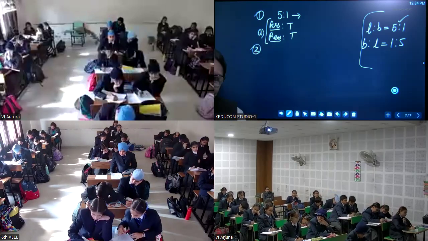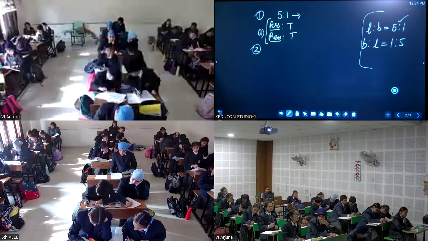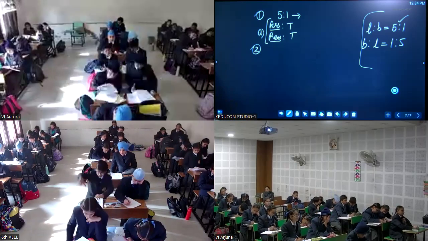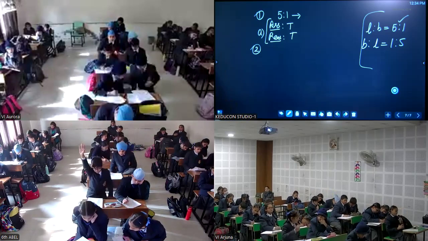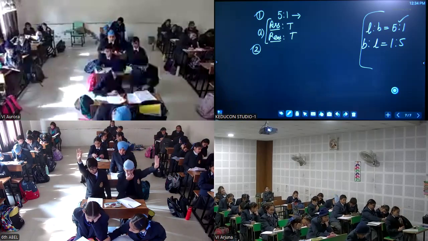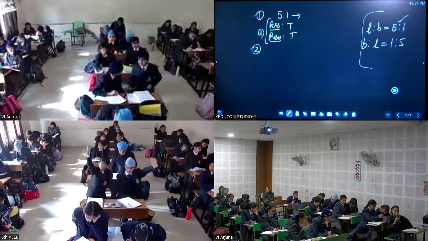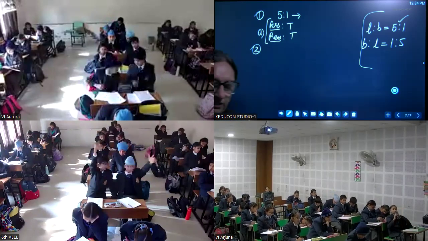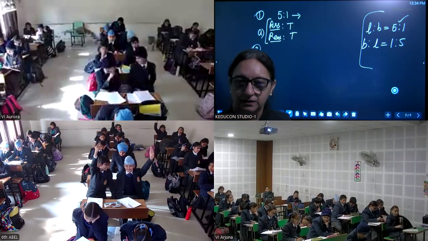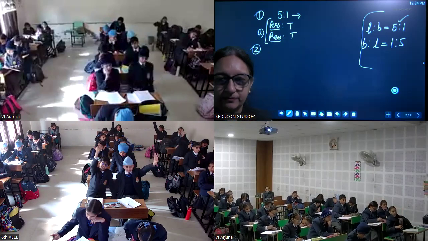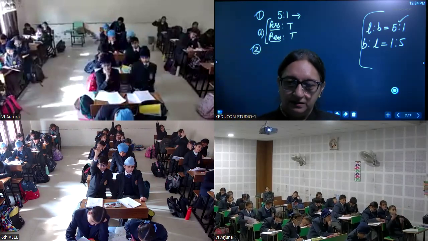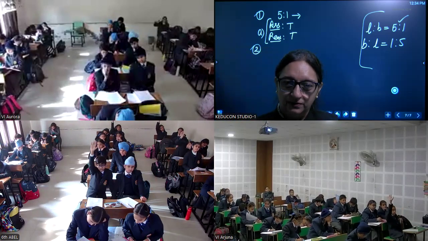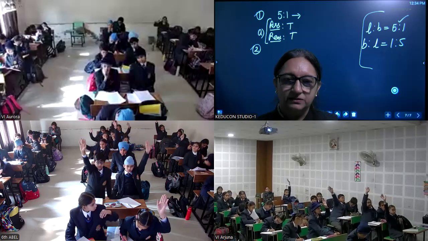Second question. Assertion: for a ratio, the two quantities must be in the same unit. If they are not, they should be expressed in the same unit before the ratio is taken. This is a very, very important step. Who said true? Yes, you know it.